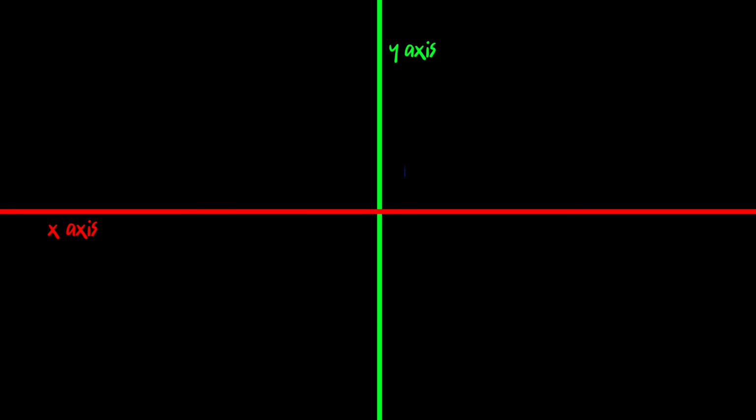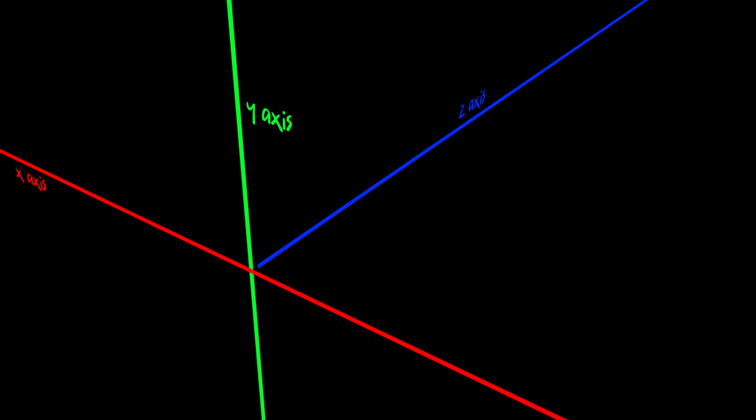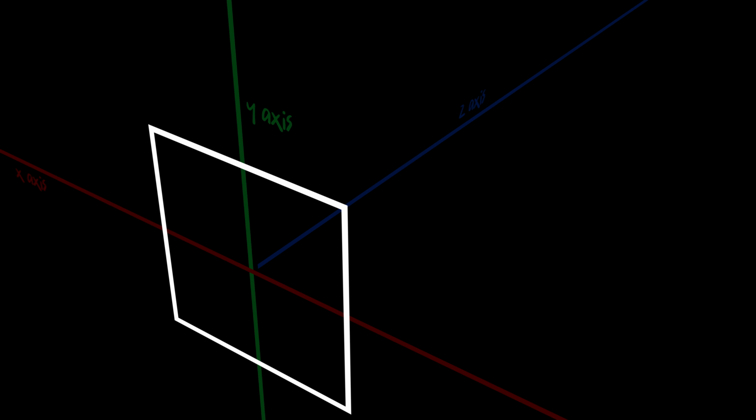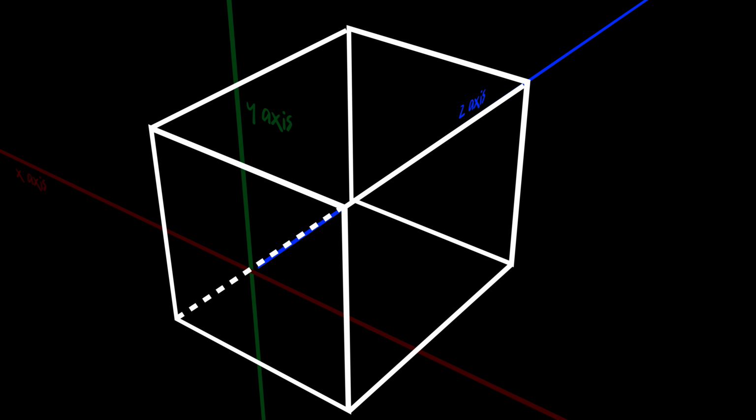It means three-dimensional. You still have the x and y axis, but you have a third dimension, which is the z-axis. An example of a 3D shape is a cube. A cube still has a square, but in this example, it's at an angle. So it's plotted on the x and y axis, but it has depth through the z-axis.